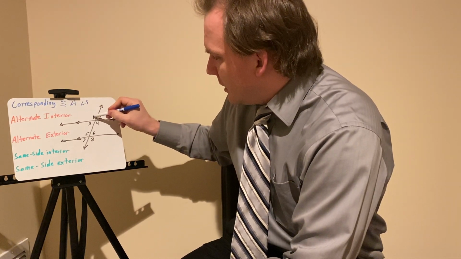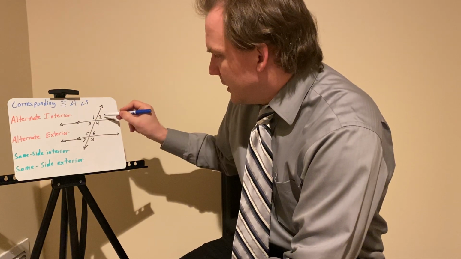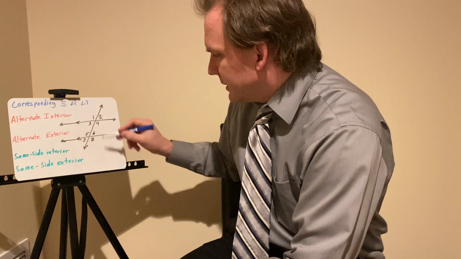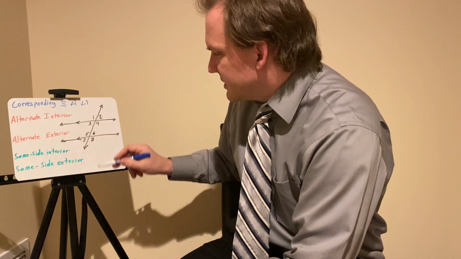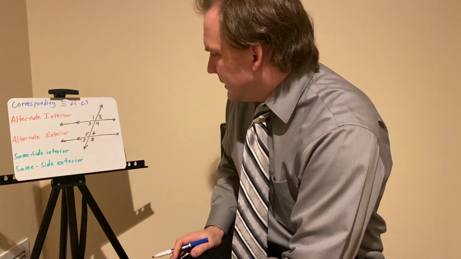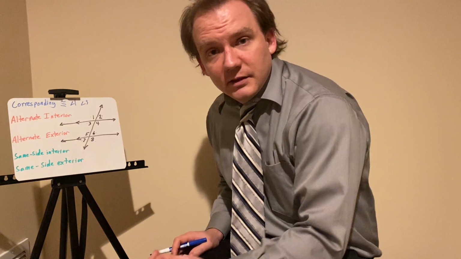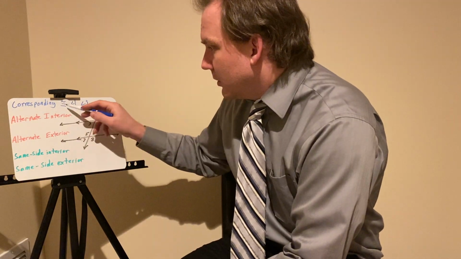Both are above one parallel line and on the same side of the transversal. 2 and 6 are corresponding. 3 and 7 are corresponding. 4 and 8 are corresponding. And 1 and 5. So those are our sets of corresponding angles, and they're always congruent.